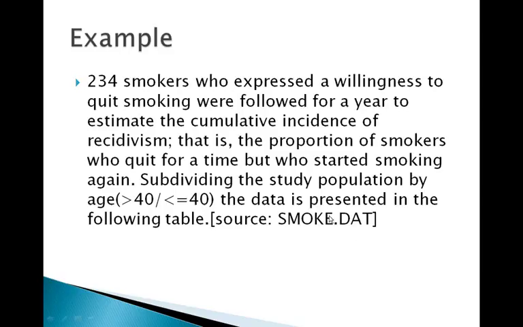We subdivide the study population into those that are greater than 40 versus those that are less than or equal to 40. The data will also be shown in the following table, but you can get this online or on the CD, depending on which version of the text you have. It's the smoke.dat data.